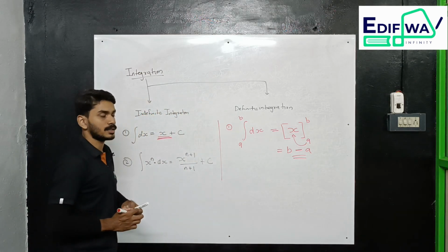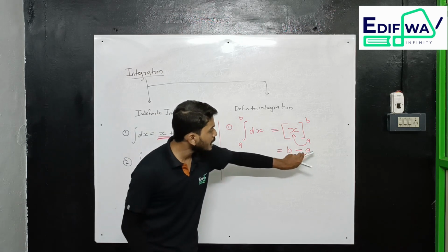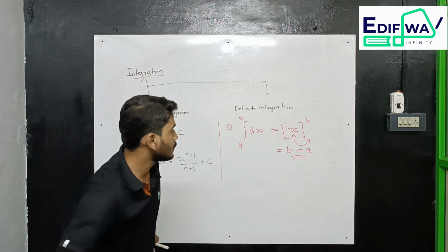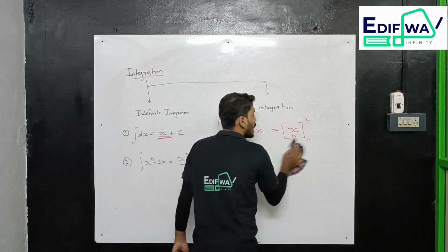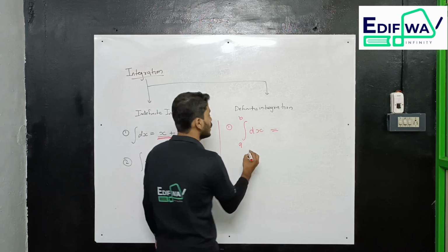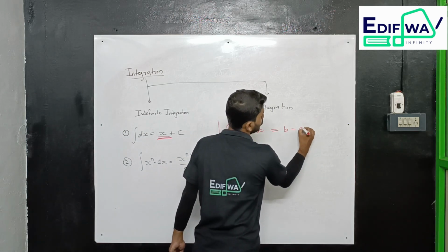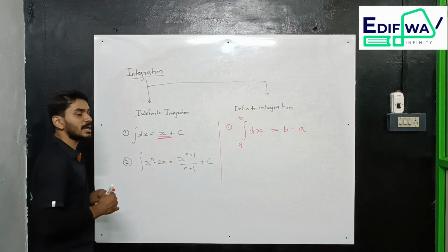I hope you get the answer. Integral a to b dx is equal to b minus a. I will erase all these things, but you have to note this. If you feel it is tough, you can just memorize the result: integral a to b dx is equal to b minus a.